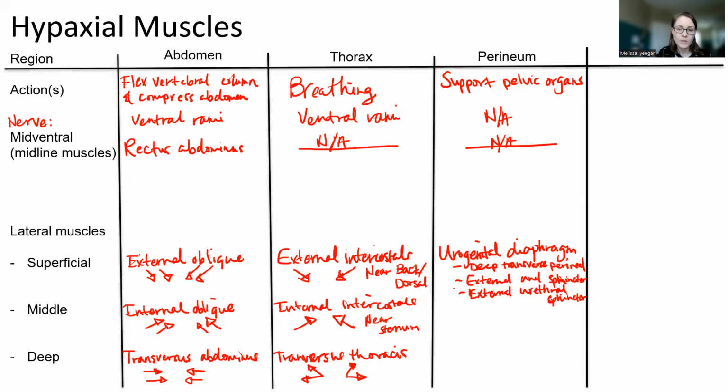That's the middle layer. The middle layer is called the pelvic diaphragm. The pelvic diaphragm is going to include levator ani and the coccygeus muscle.